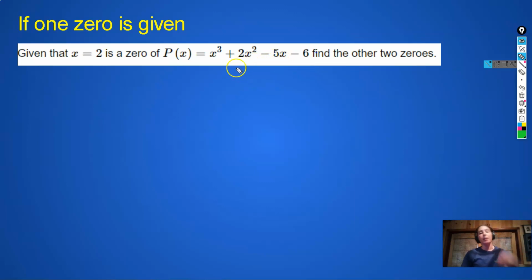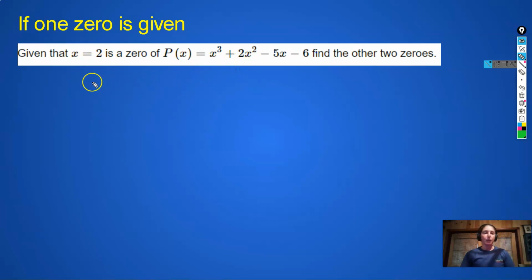That's why it's called a zero. So if we already know that x equals 2 is one of the zeros, what we need to do is find the other 2. We're going to use synthetic division. Why? If I know that x equals 2 is a zero, I know x minus 2 is a factor, and if we know one of the factors, synthetic division can help us find the other 2, 3, 4, 5, however many.